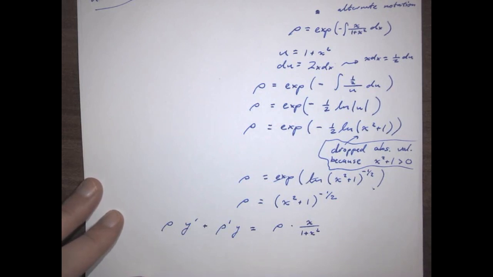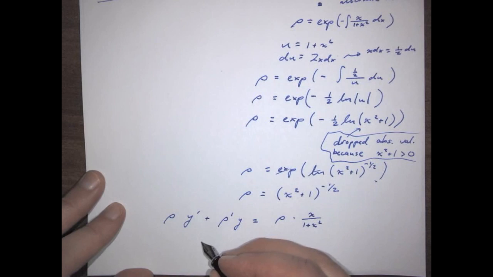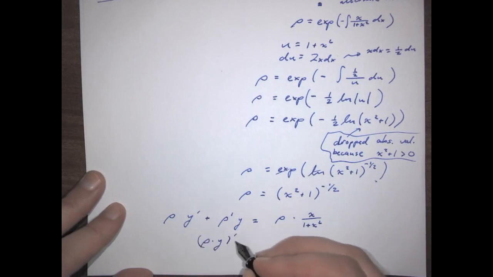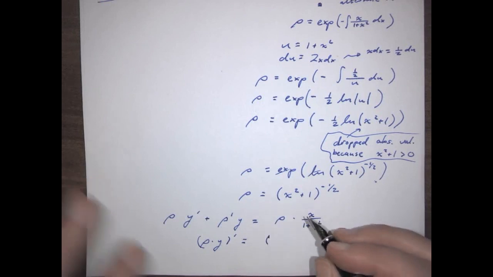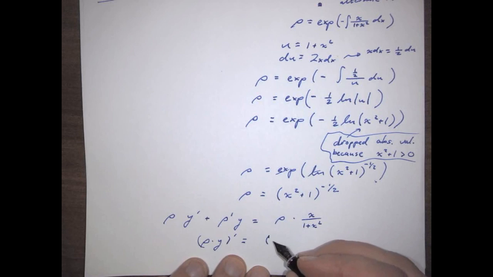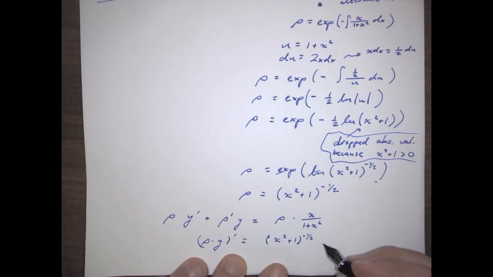And what we've got here is really the same as rho times y prime is equal to rho, which is x squared plus 1 to the negative 1/2, times x divided by 1 plus x squared.